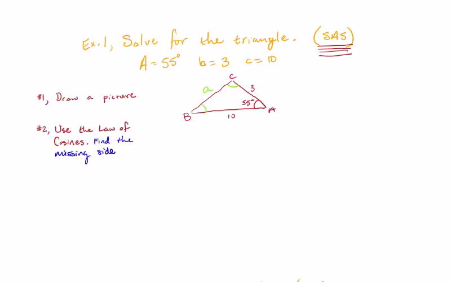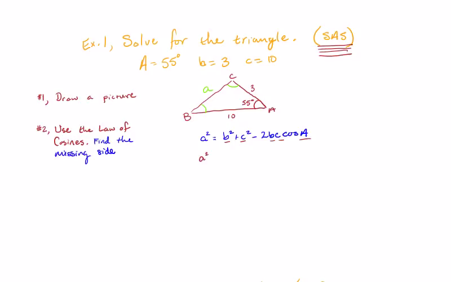So if you pick A squared equals B squared plus C squared minus 2BC cosine of A, that's going to be the law of cosines that we use, and we can fill in something for all the different spots. We know B, we know C, and we know angle A, and then we're going to be able to solve for side A.